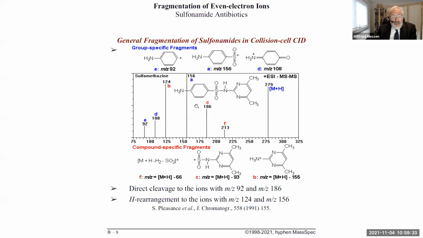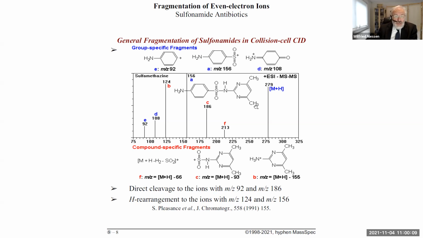We get cleavage at the other side of the sulfone with charge retention on the sulfur side with the 156, and hydrogen rearrangement and charge retention on the other side, which in this particular case is the 124. And you can say the 92 and the 156 are group-specific fragments, because you always have this aniline group in, and the compound-specific ones depend on what is actually sitting there.